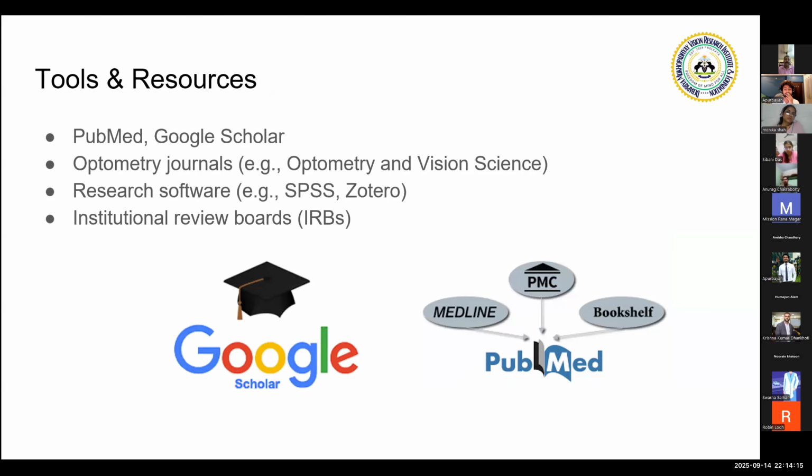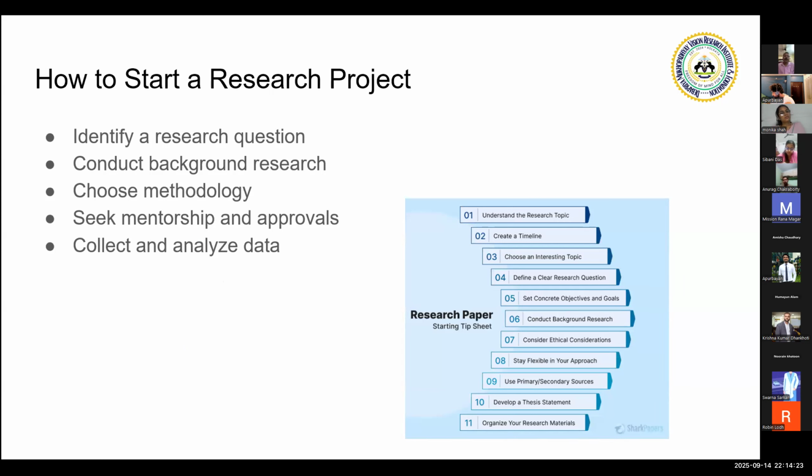Sir, can you please repeat the data analysis once again? Yes. Data analysis depends on what type of research you are working on. Suppose you are working on quantitative data.